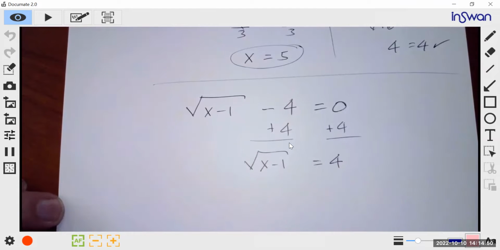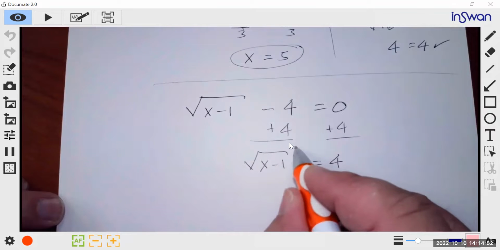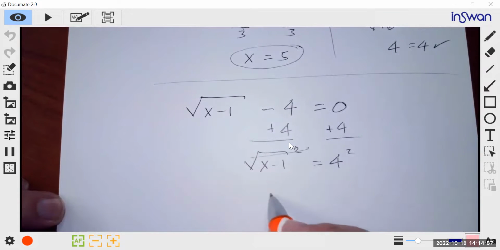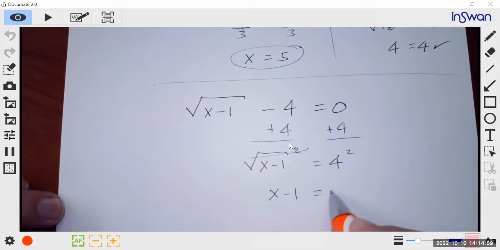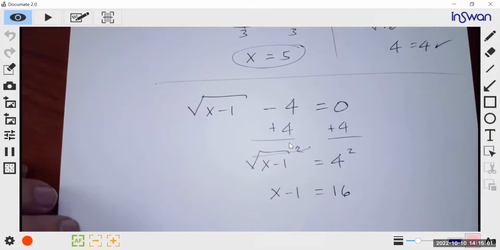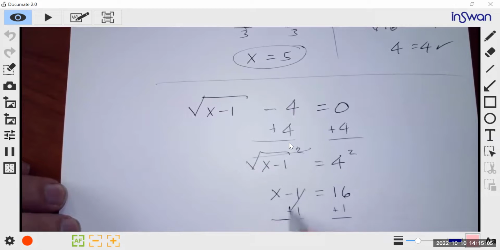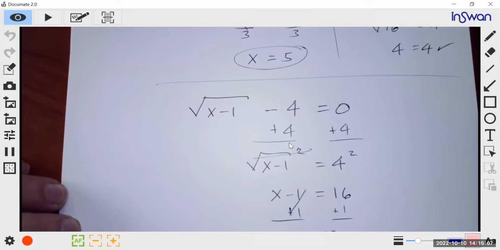Then next step, square both sides. The square root and the square cancel. So x minus 1 equals 16. Then add 1. X equals 17.